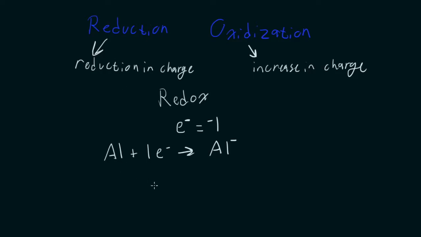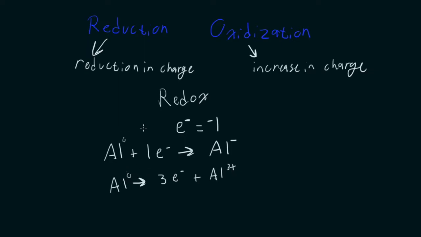This aluminum was reduced. Alternatively, if I had aluminum and it gave up, as aluminum commonly does, 3 electrons to become aluminum 3 plus, that would be oxidation. It increased in charge. Plus 3 is more than 0.